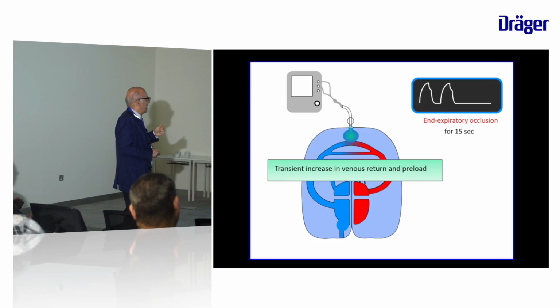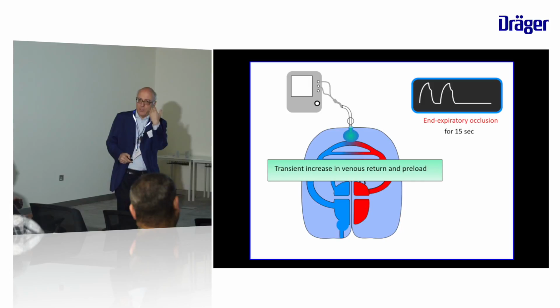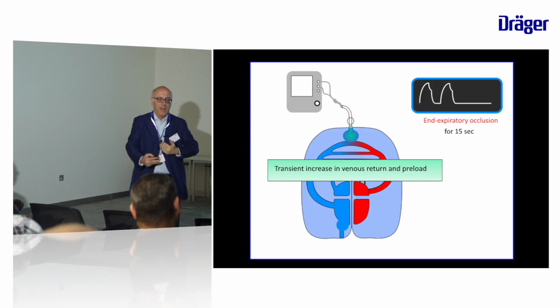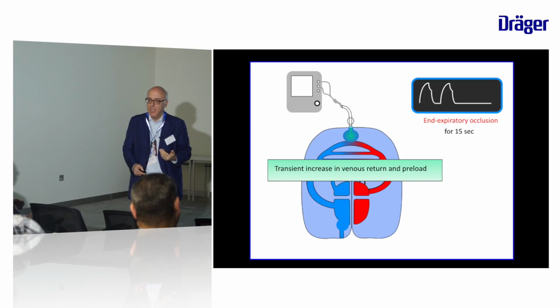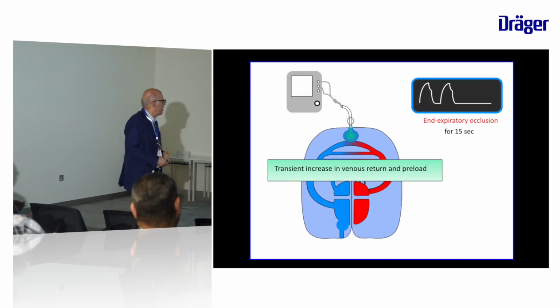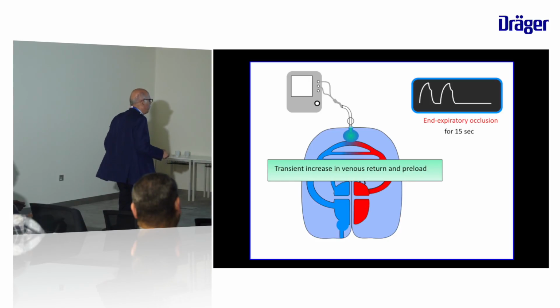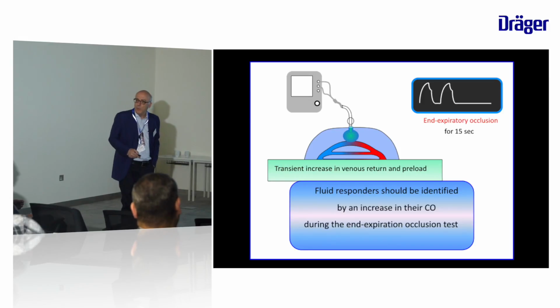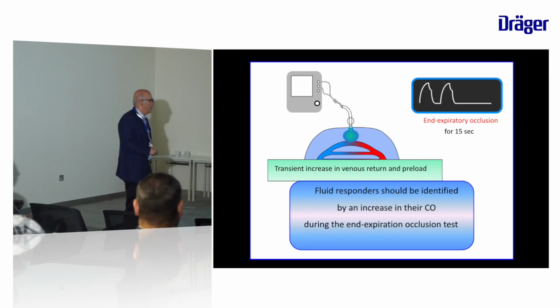This causes a transient increase in the venous return, because you are occluding at expiration and preload is the opposite of inspiration. So fluid responders might be identified by an increase in stroke volume or cardiac output during an end expiratory occlusion test.